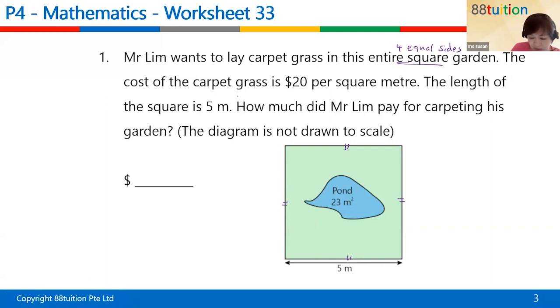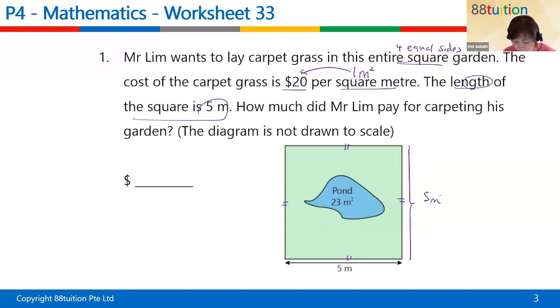The cost of the carpet is $20 per meter square. So every 1 meter square will cost you $20. And the length of the square side here is 5 meters. So all four sides are the same, so here also 5 meters. How much does he have to pay for the carpeting of the garden?